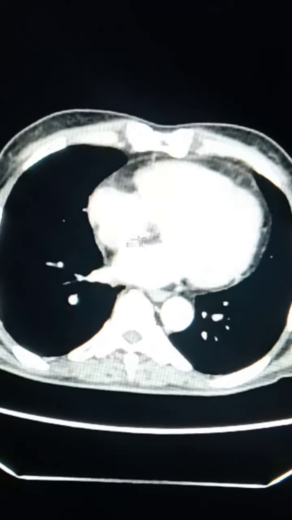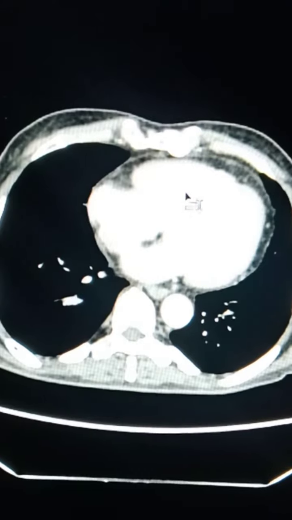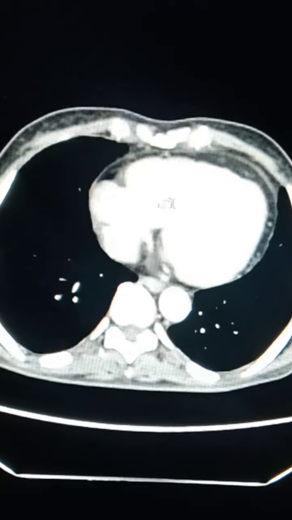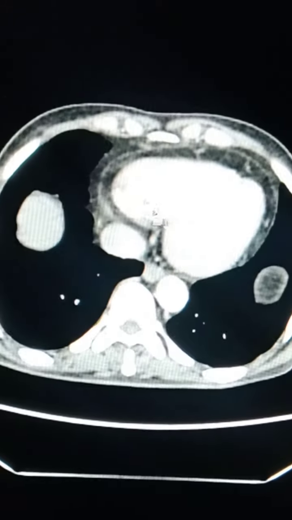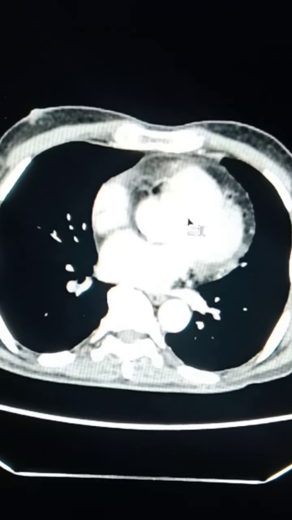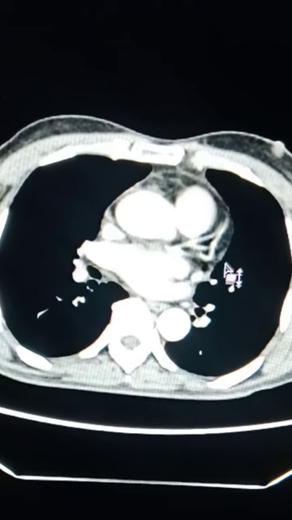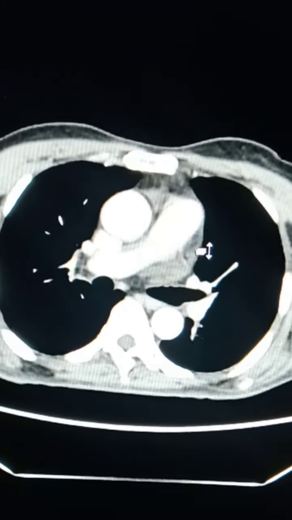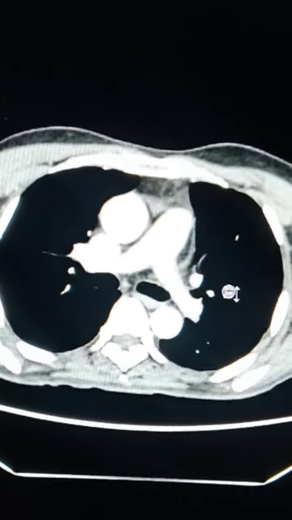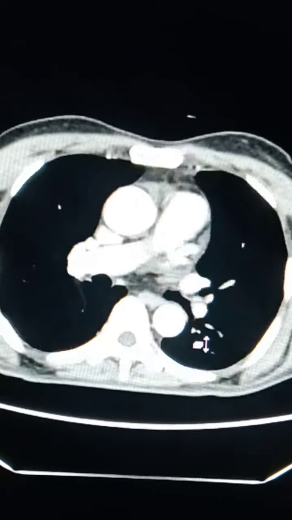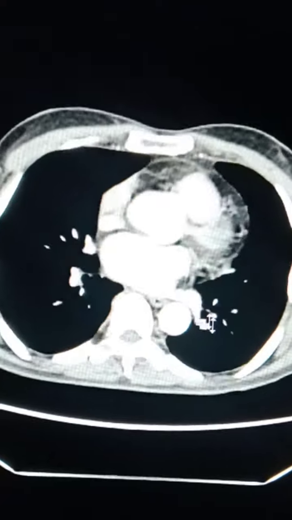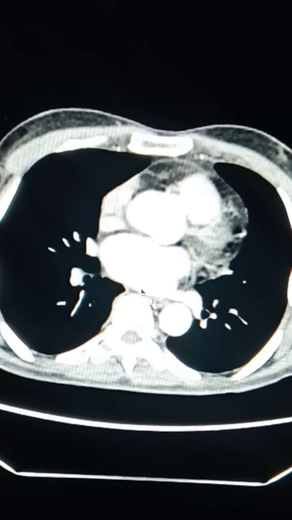and the right atrium drains into the right ventricle. You see the right ventricle, and trace the right ventricle. From the right ventricle comes the pulmonary artery, which divides into the right main, this one, and the left main pulmonary arteries. And posteriorly, this is the left ventricle.